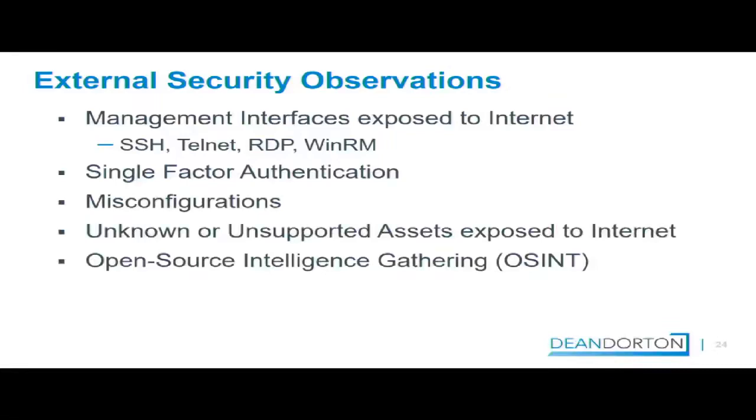So there's either systems that were set up by a vendor or maybe have a core operating system that's no longer supported by the vendor, that's end of life, being exposed to the internet. We also find things in GitHub repositories, things on websites that are useful for staging an attack when we perform open source intelligence gathering.